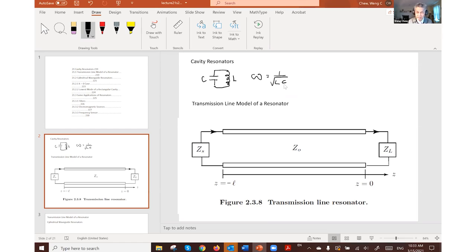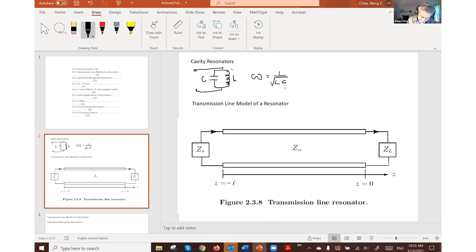The characteristic of a resonator is that it does not require an external driving source. For instance, if you think of this as a circuit thing, you don't need an external driving source to get the current going back and forth.